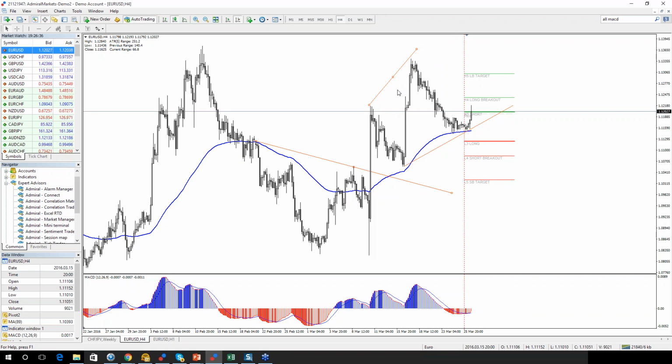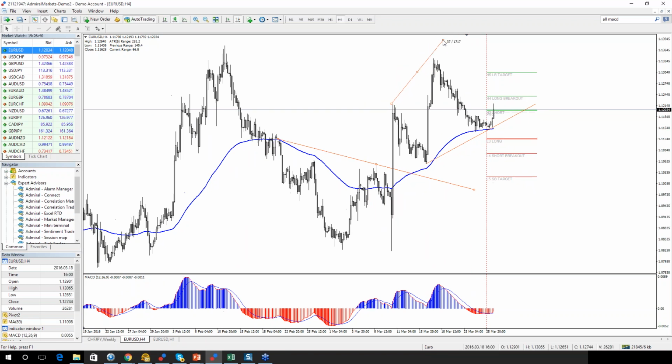Because megaphone is actually when price is making higher highs and lower lows. In this example, it's ascending, so it's not like this from this perspective, because if it's horizontal, then it's a typical megaphone.